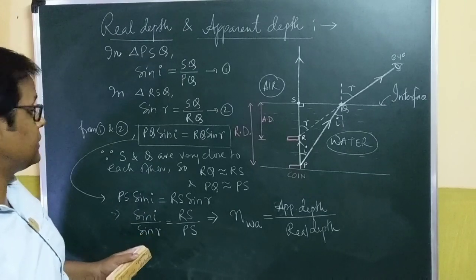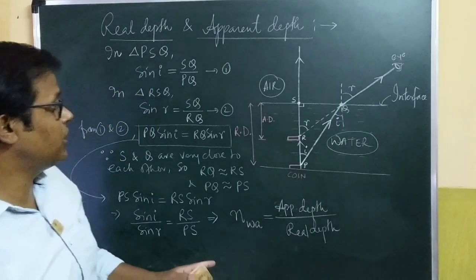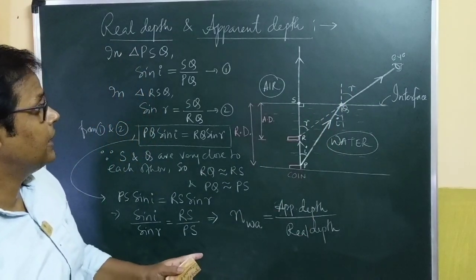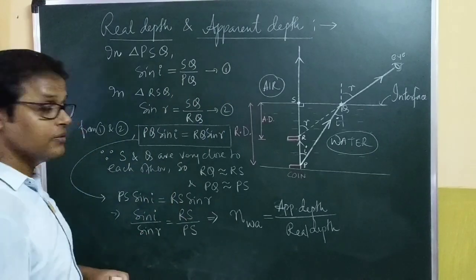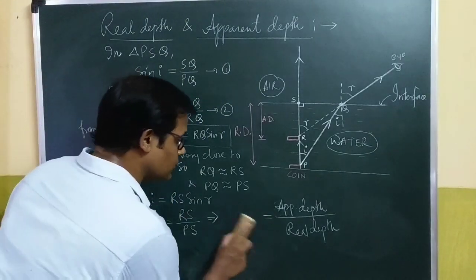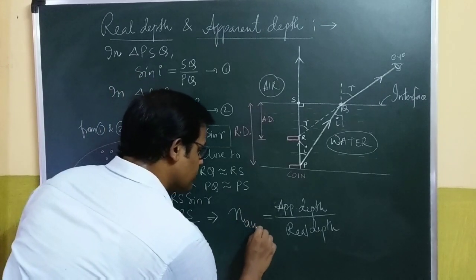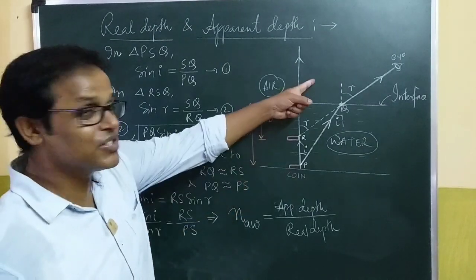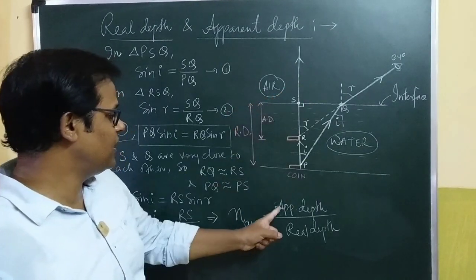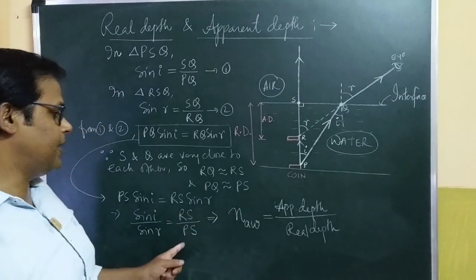Alright, am I doing correct? If I am doing sine I by sine R, I am actually calculating the refractive index of medium 2 with respect to medium 1. Wait a second, I got it wrong. It should have been refractive index of air with respect to water. Now I am clear. Refractive index of air with respect to water should be sine I by sine R, so that should be apparent depth by real depth.